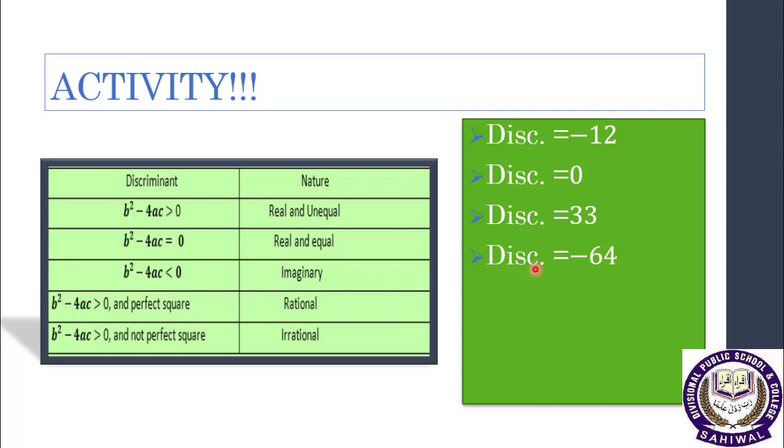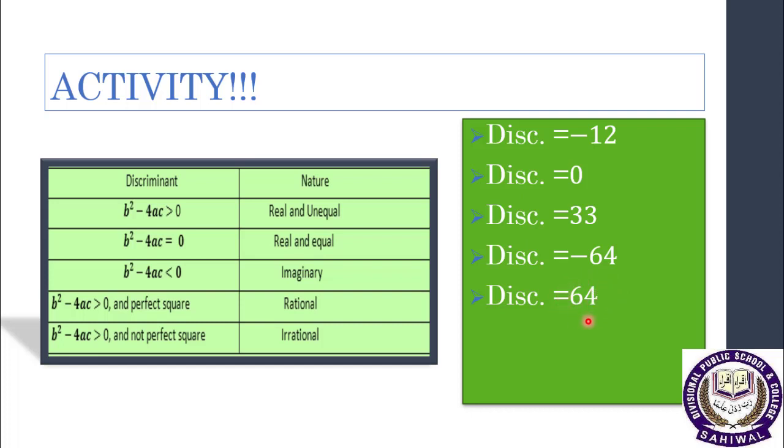And now the discriminant is minus 64. 64 is a perfect square, but we are considering minus 64, and this number is less than 0, so the roots are imaginary and the complex conjugates of each other. When the discriminant is positive 64, it is a positive number greater than 0, so the roots are real and unequal.